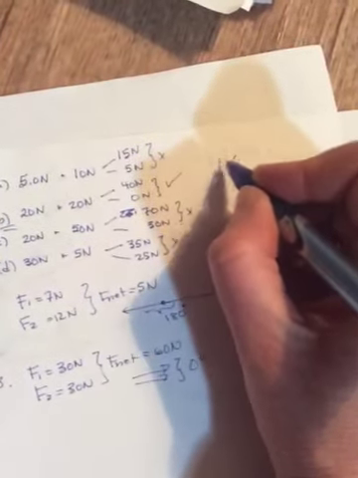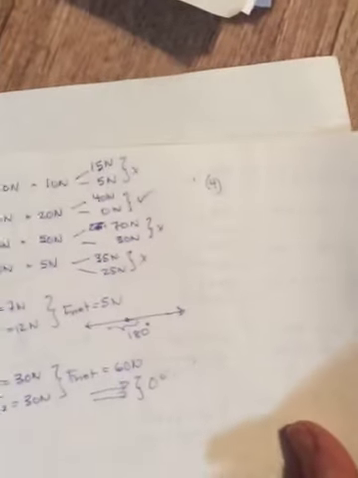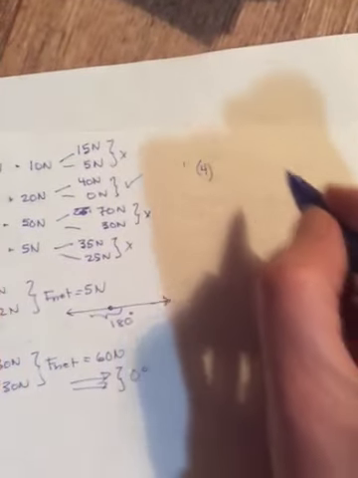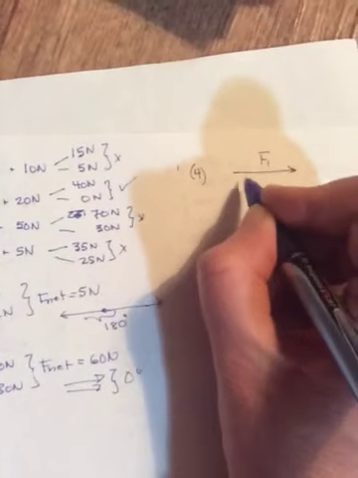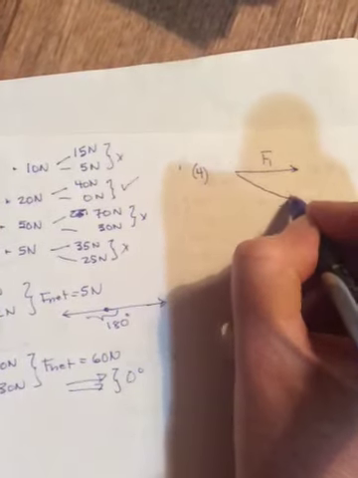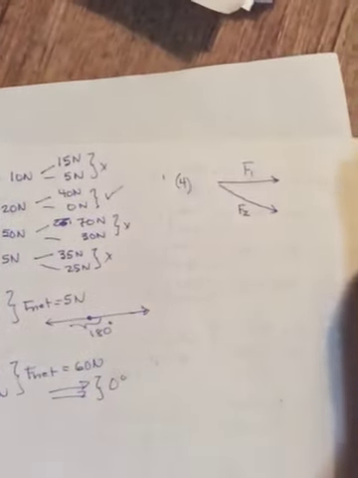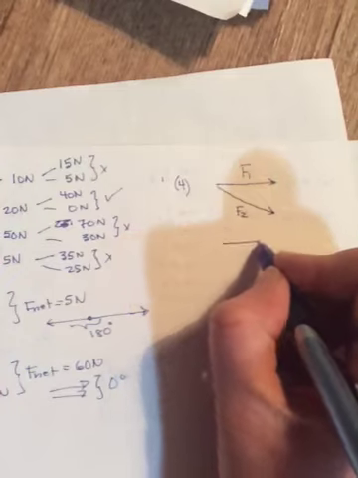Number 4 says, which vector best represents the resultant force? So you have an F1 out like this, and an F2 down like this, and it wants the resultant. But remember, to get the resultant, you have to draw them head to tail.